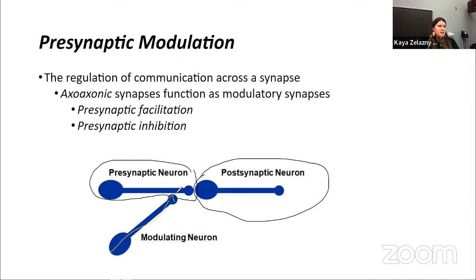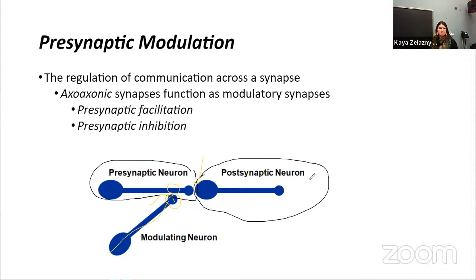Here we have a connection between the axon of our presynaptic neuron in this first pathway and the axon terminal of this modulating neuron. So we have one synapse in this pathway, but we have another synapse here, an axo-axonic synapse, allowing us to modulate what's going on between these first two neurons in sequence.